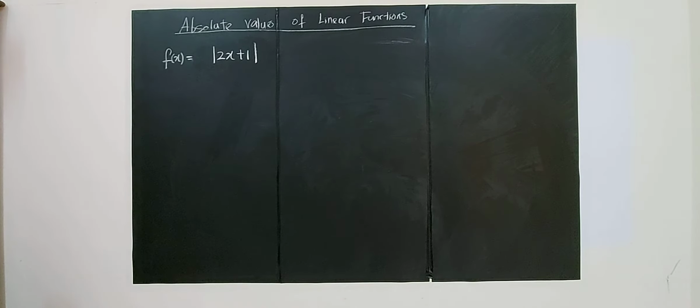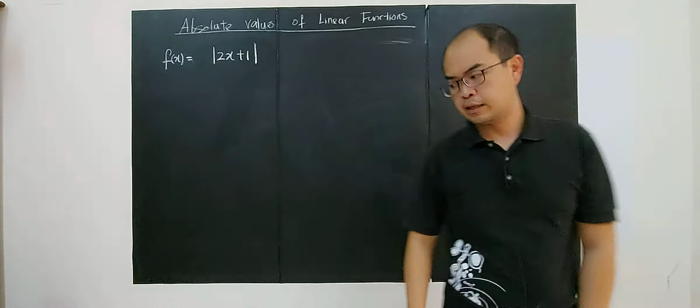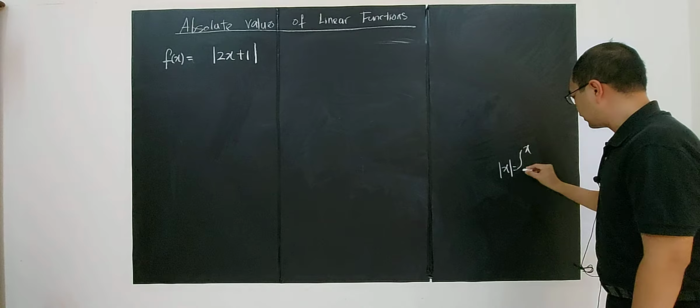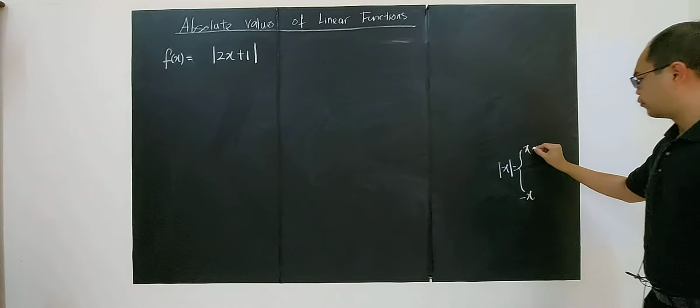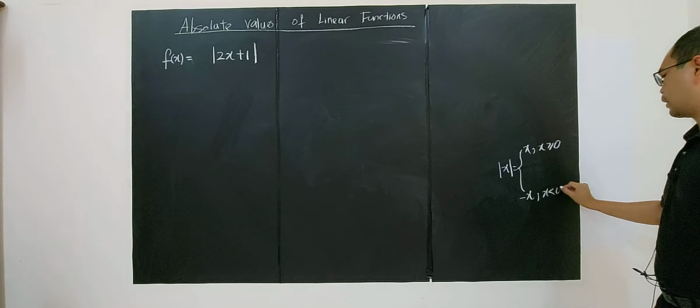Okay, let's look at this example. f(x) equals modulus of 2x plus 1. I rewrite again. As you know, the modulus of x is defined as positive x and negative x for different regions, for x more than or equal to 0.